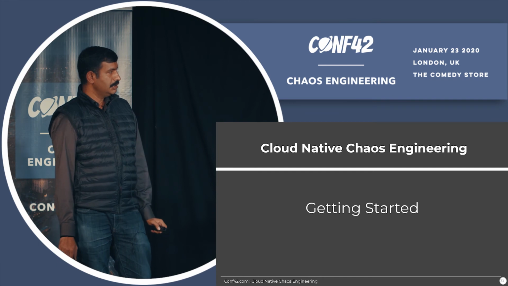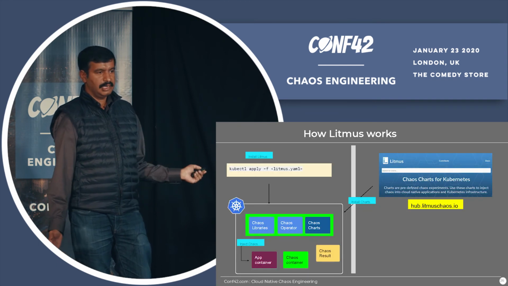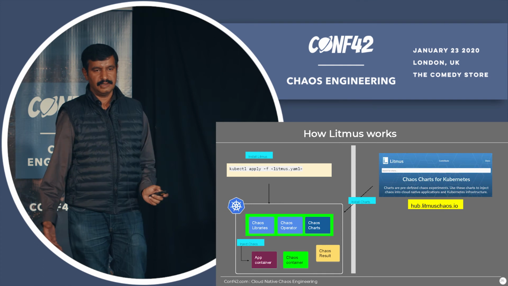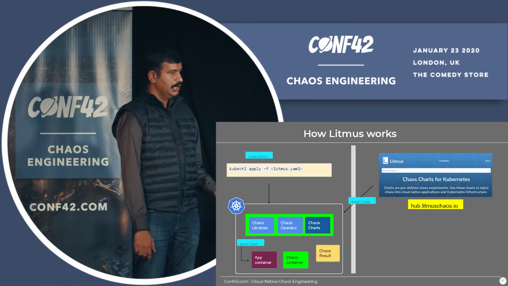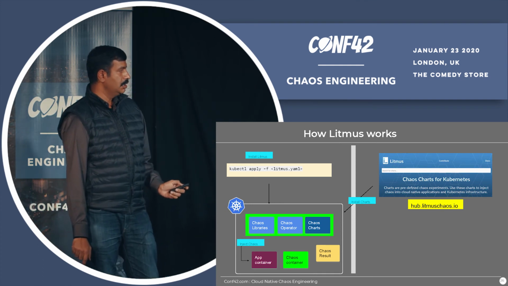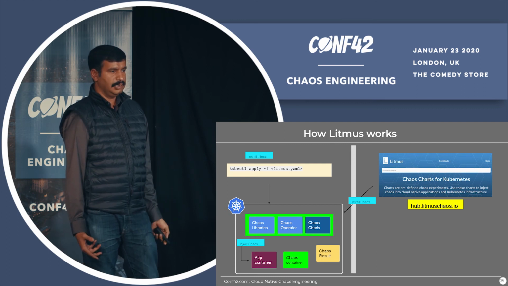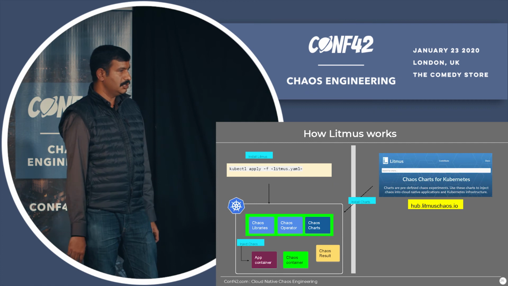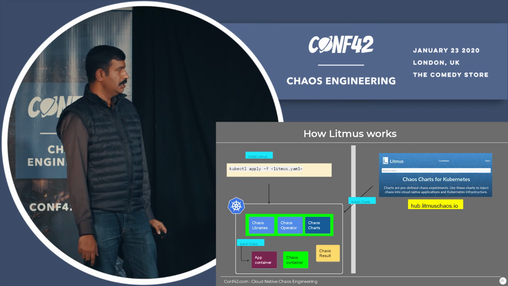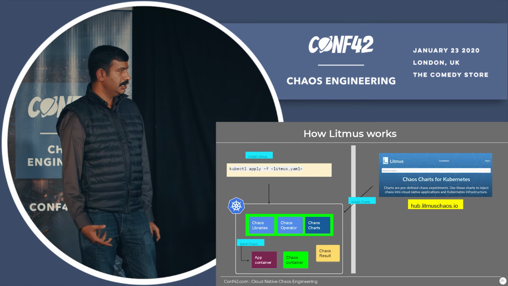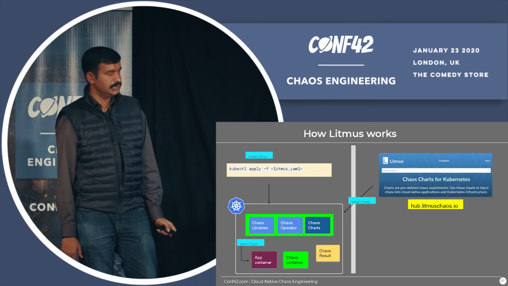So how do you get started? Just imagine that you have on the hub a lot of chaos experiments for various different applications, and you are running your app in a container. All you need to do is pull the Litmus Helm chart, or just install it. It runs in a container. The moment you install, you get chaos libraries and the operator onto your Kubernetes cluster.